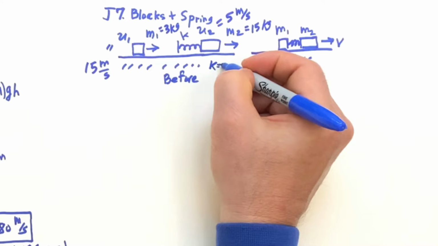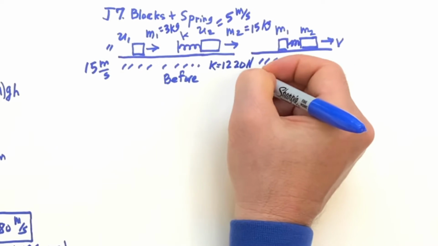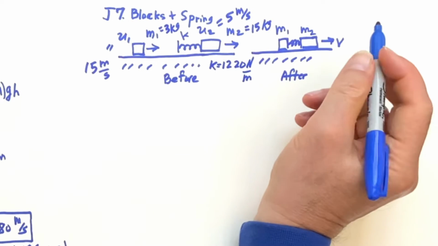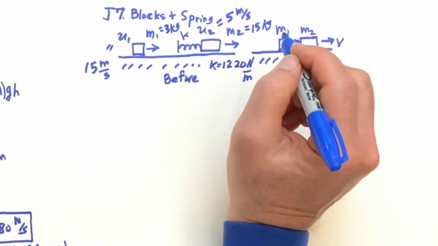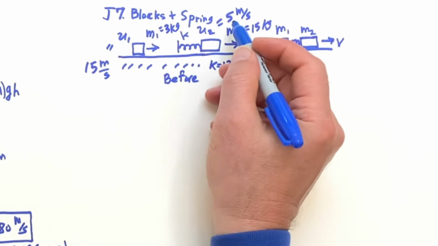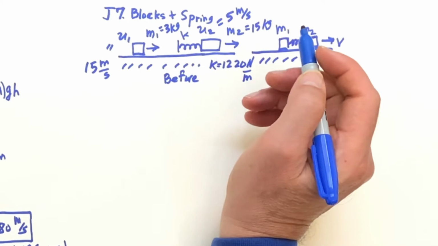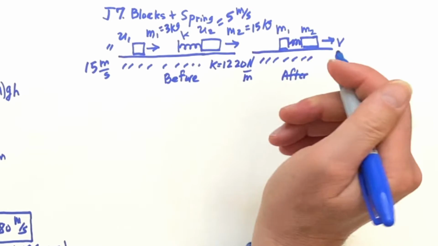This K is 1220 newtons per meter. And in the problem, they actually had point zeros in places, so we're going to shoot for 2 significant figures. They had like 5.0 and 3.0, so you could go for 2 significant figures.